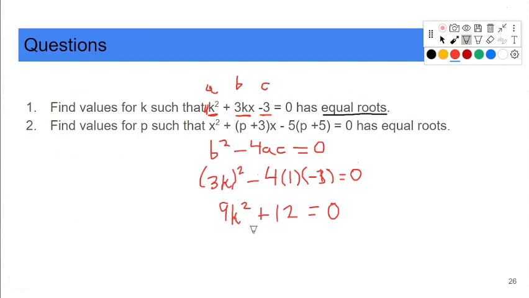Interesting, this answer is a little funny looking. But we get k squared. I think this is supposed to be positive 3, because then we get negative 12 on 9 square root.